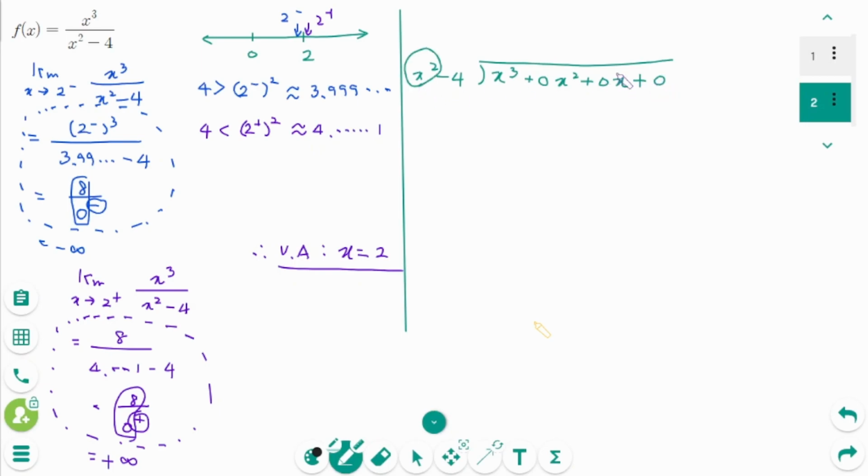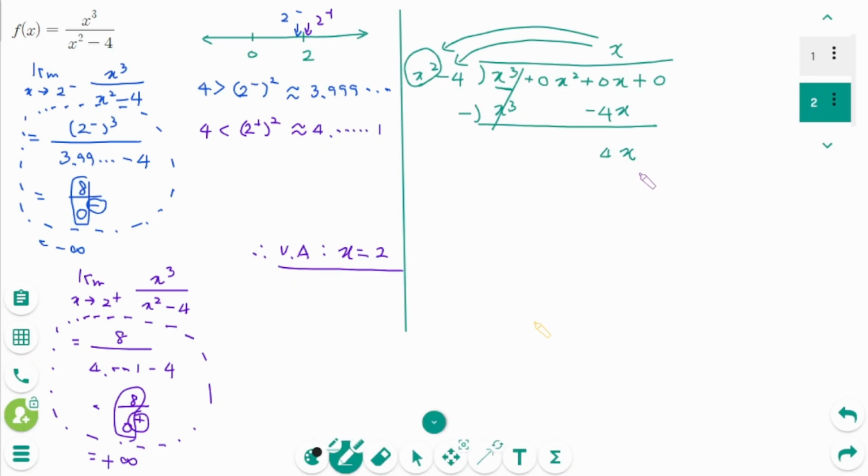And x squared times x makes x cubed. Then the first term is x cubed minus 4x. Then x cubed is cancelled, and 4x is left over.